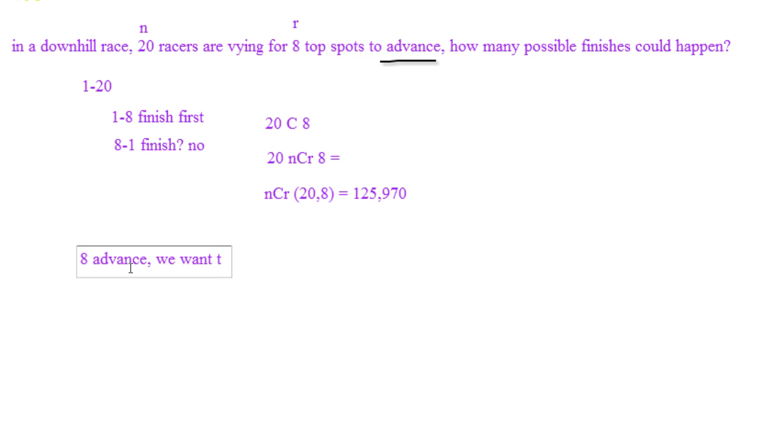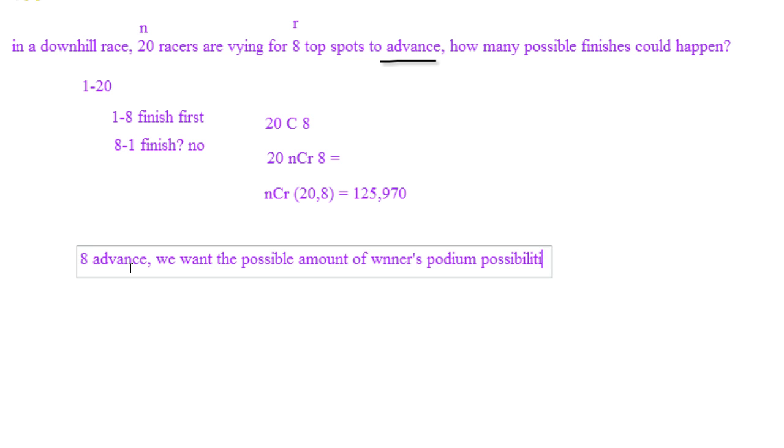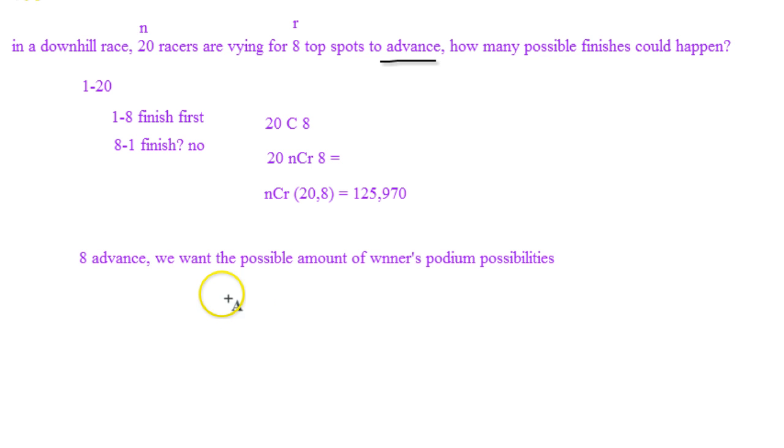Now let's say that those 8 advance. We want the possible winners podium possibilities. Usually you would have 3 winners: a silver, a bronze, and a gold. So order does matter in this.